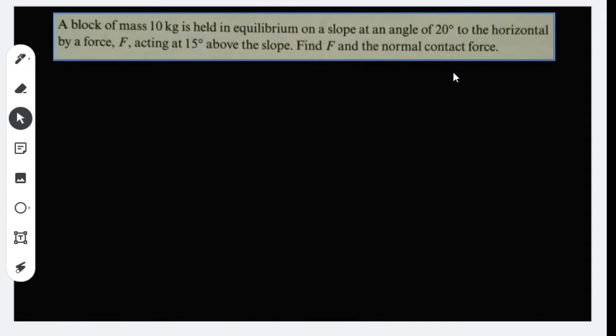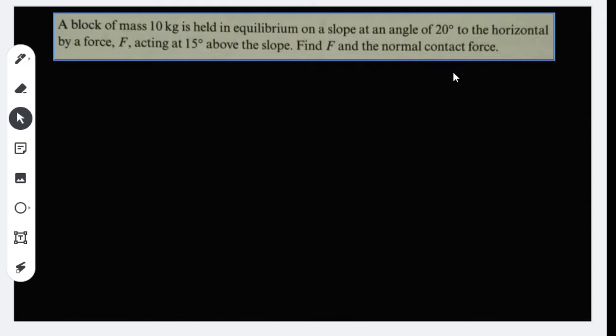So first and foremost, we need to draw the diagram of the given problem so that we will have a perspective on how to answer it. So let's start.